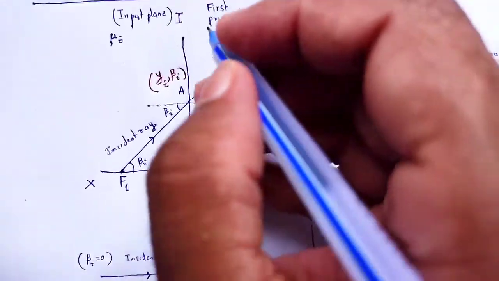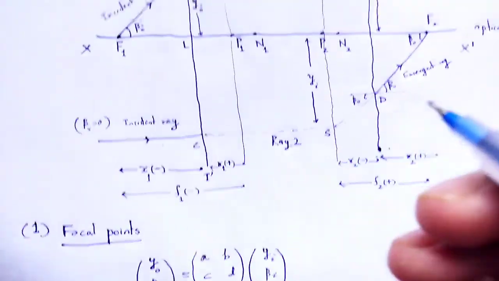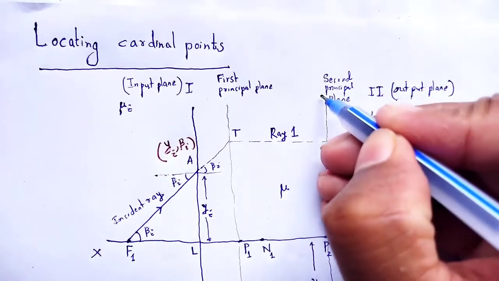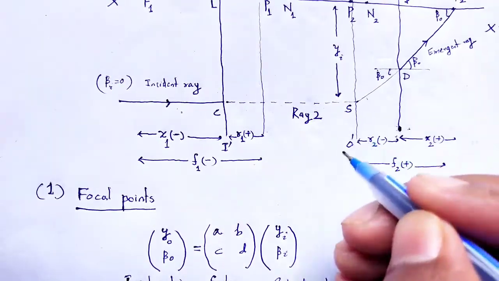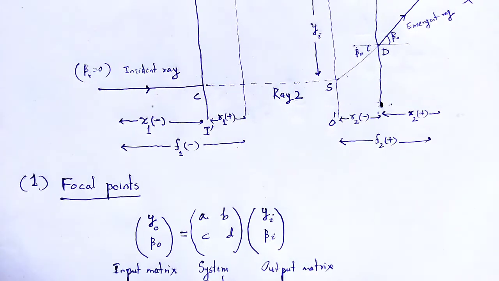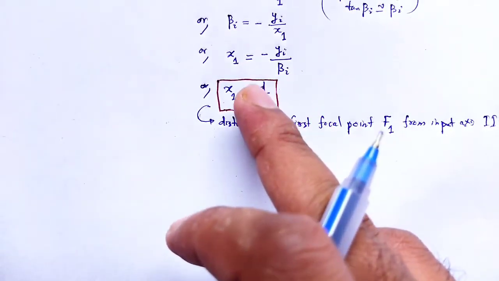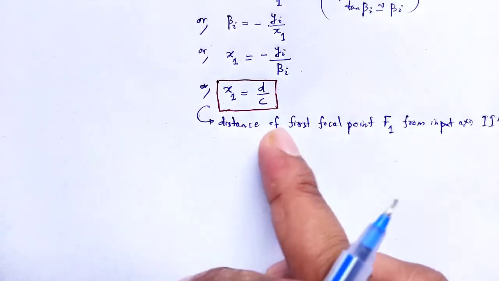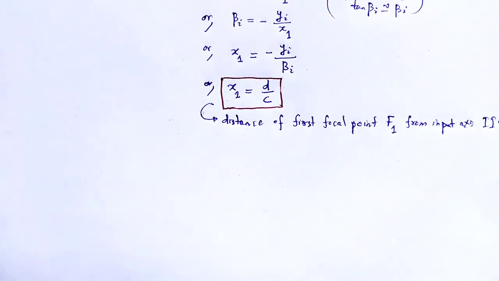Here is the input axis, let I dash. That one is the output axis, let O dash be the naming of that output axis. So x1 is now found in terms of the system matrix. x1 is equal to D by C. x1 is the distance of the first focal point F1 from the input axis.